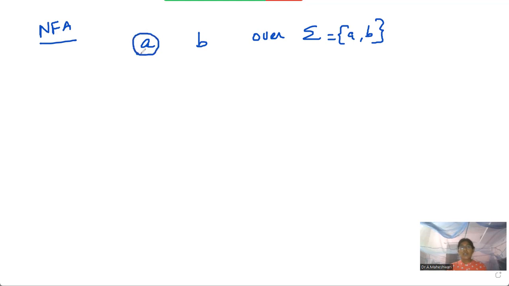You have to start your string with the A symbol, end with the B symbol, and in between any number of A's and B's.